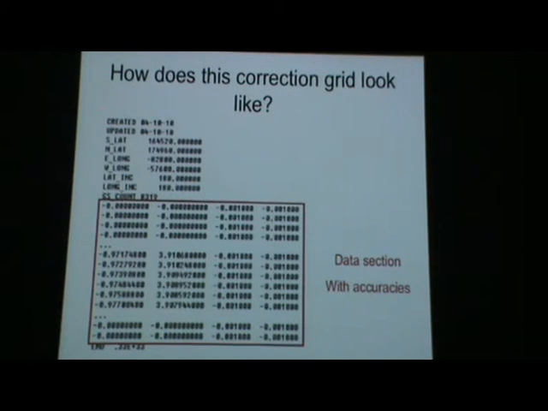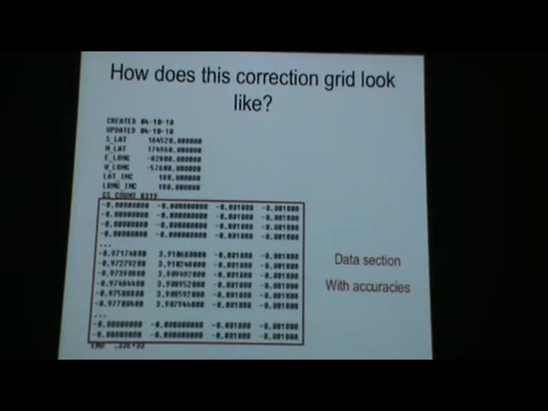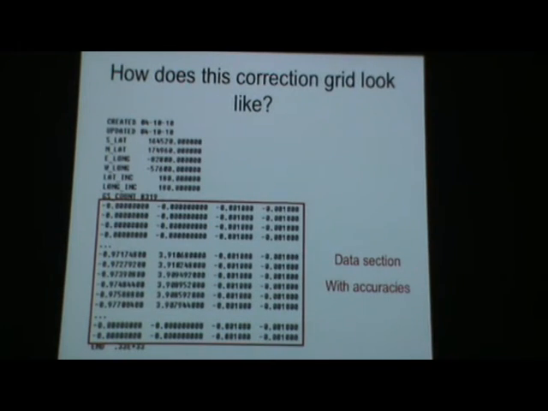It is sorted from bottom right corner of this data set in lines up to the top left corner of the data. The first column of the data is the shift of latitude. The second column is the shift of longitude, and the third and fourth columns are standard deviations, errors.